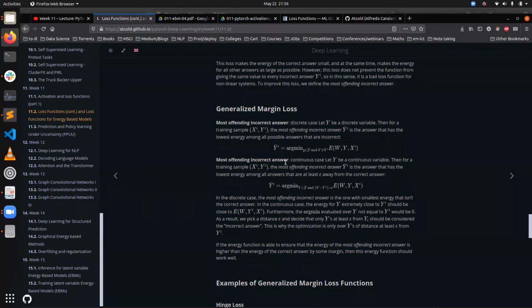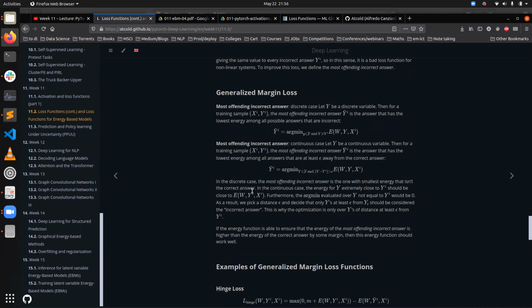For continuous variables, it's something similar: the y for which the energy is the lowest, but you have a small constant epsilon, so it must be at least epsilon away from the correct answer. This is reiterating the same thing.